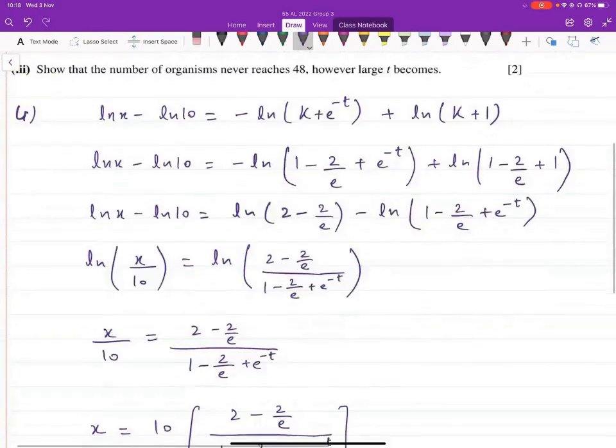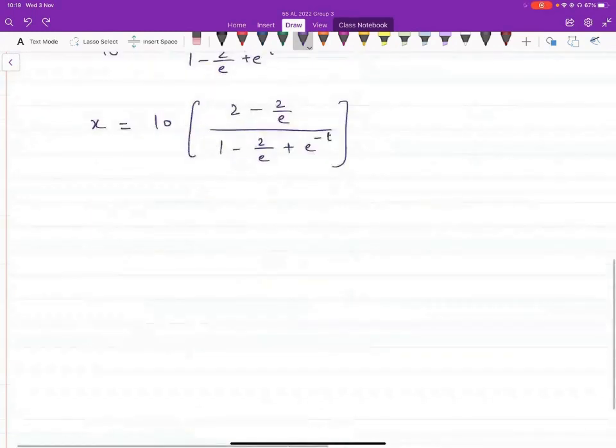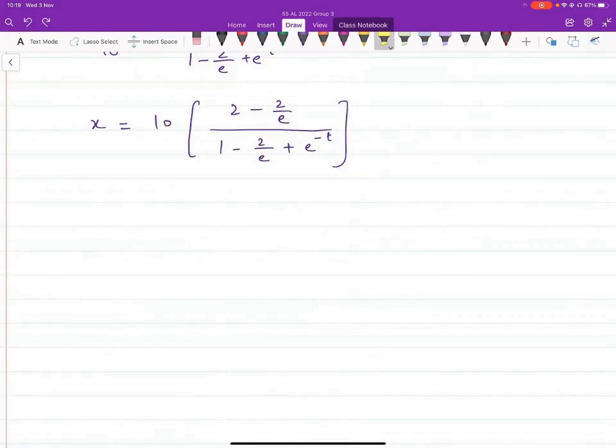Now, we have to show that the number of organisms never reaches 48, however large T becomes. Where do we have T here? That's only here in this particular term, e raised to power minus t. As t becomes large, as t goes to infinity, what happens to e raised to power minus t?